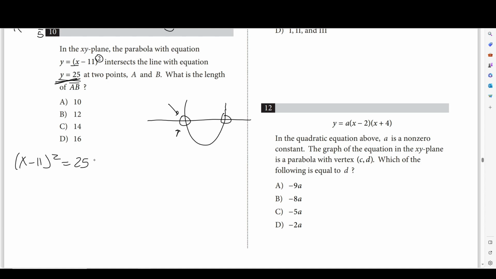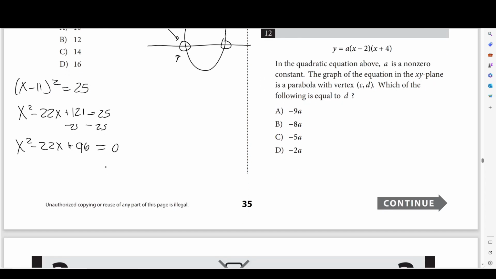I could expand that. I have x squared minus 22x plus 121 is equal to 25. Now I'm going to subtract 25 on both sides. I'm left with x squared minus 22x plus 96 is equal to 0, right? And now all I have to do is factor this, right?